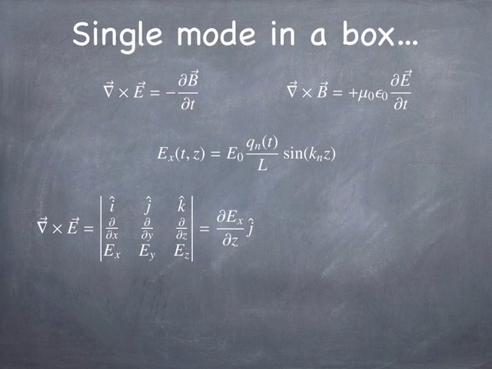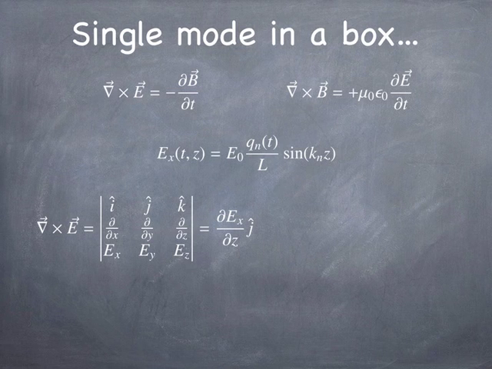So that's the part that matters. Remember that the middle column, when you do a determinant, gets a minus sign, but then the d/dz also gets a minus sign, and those two minus signs cancel out, and you end up with positive dEx/dz. And the thing points in the j hat direction.